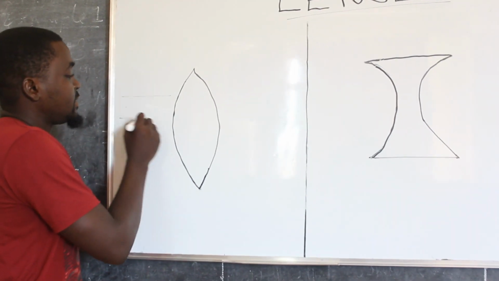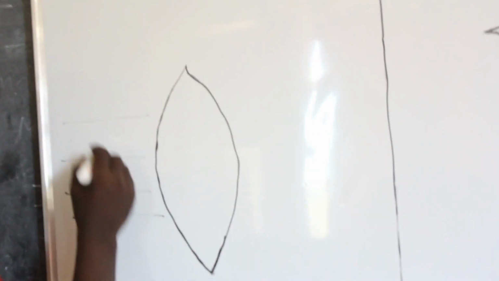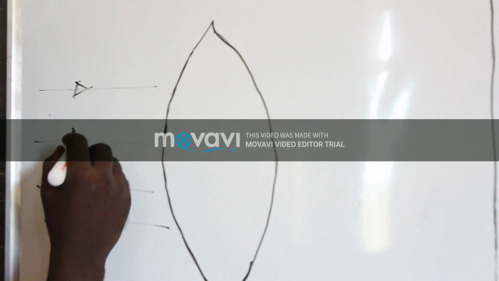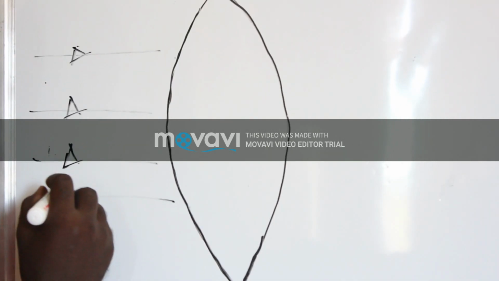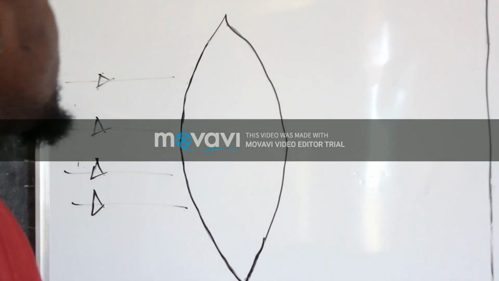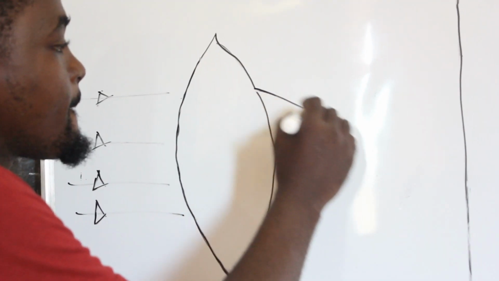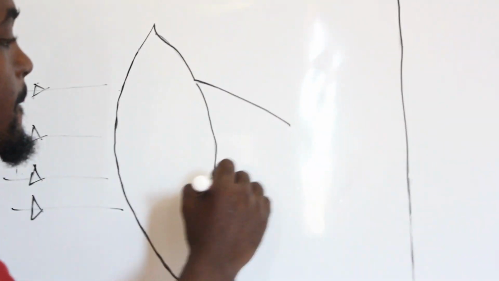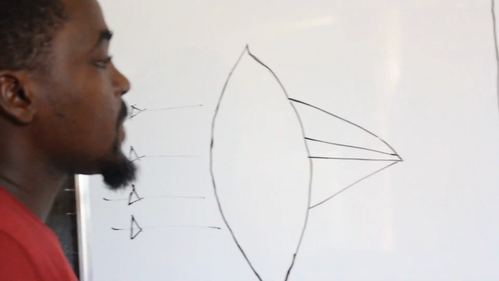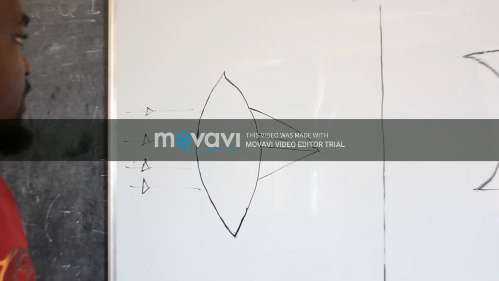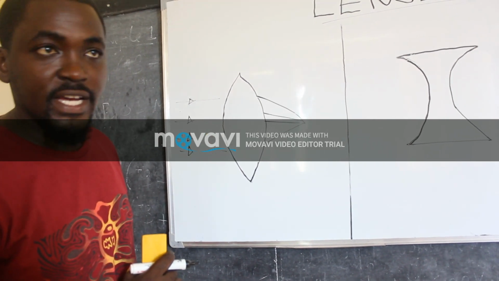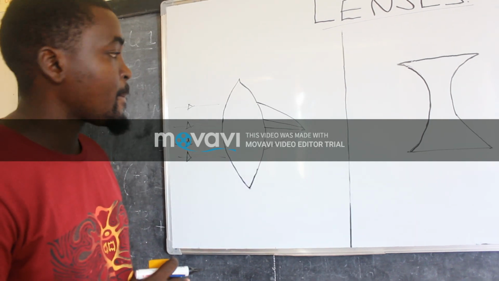This is a light ray. So guys, as I said before, this is a convex lens, and we are going to see what happens when light strikes on the convex lens.